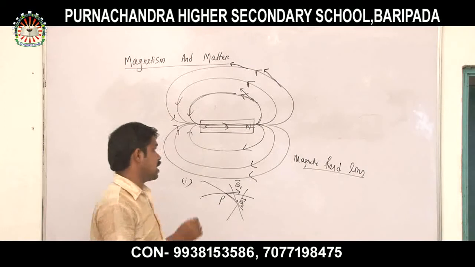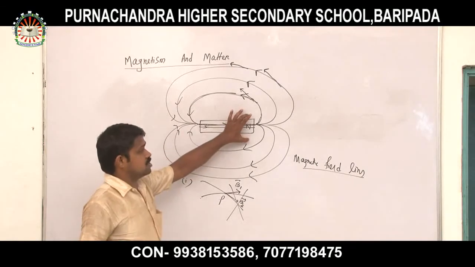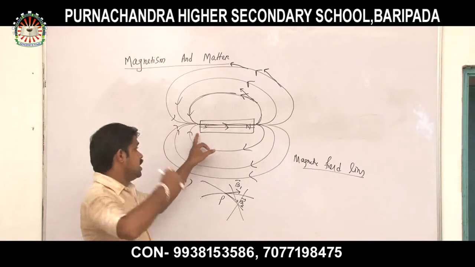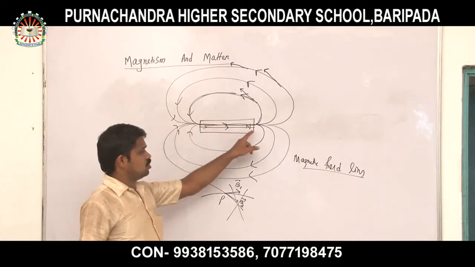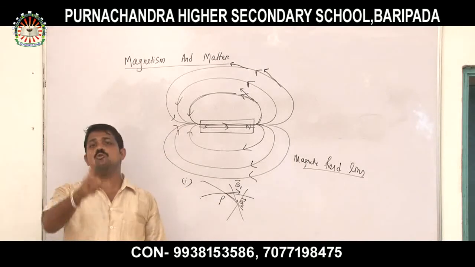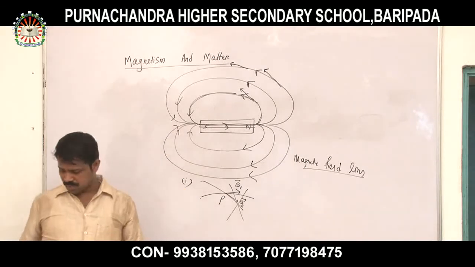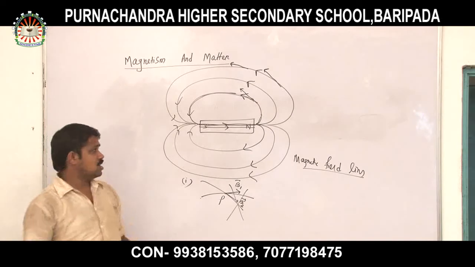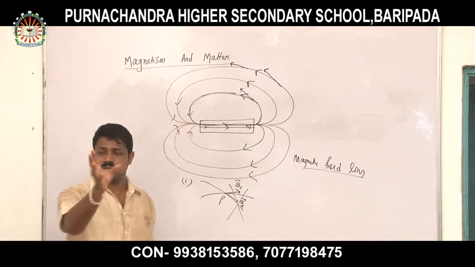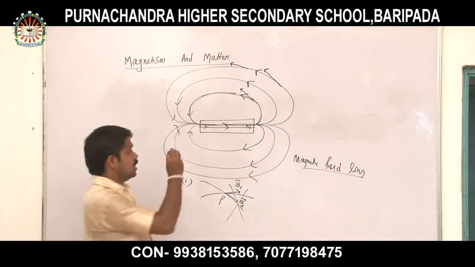The important point is that magnetic field lines emerge from the north pole, going toward the south pole outside the magnet. Inside the magnet, they move from south pole to north. That's why the magnetic field line forms a closed loop. Clear? Okay. So this is your discussion about the magnetic field lines and their properties.